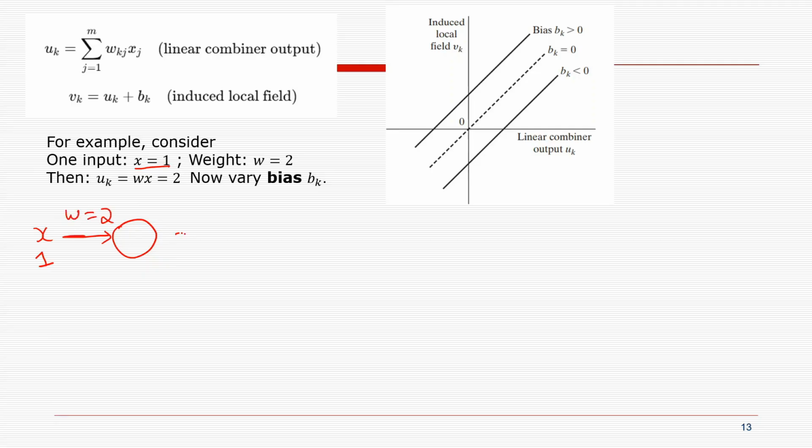Then what will be the output? It will be 2x. If I take the weight as 2 and vary the input, then this becomes 2x. That is, UK will become 2x if there is only one input. Now we will vary the input and then the bias and we will see.